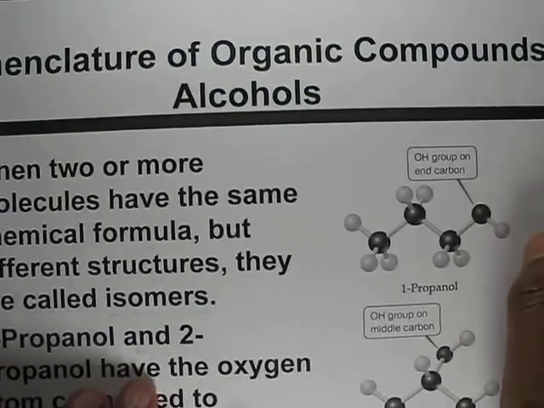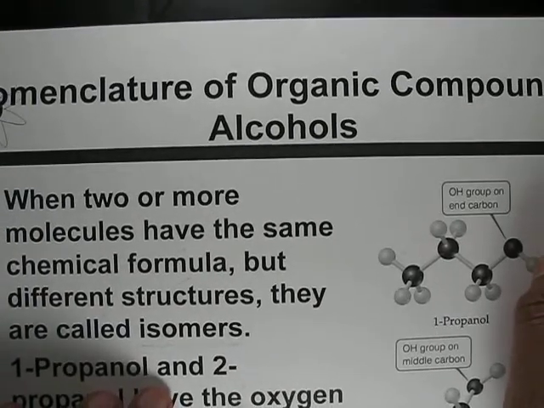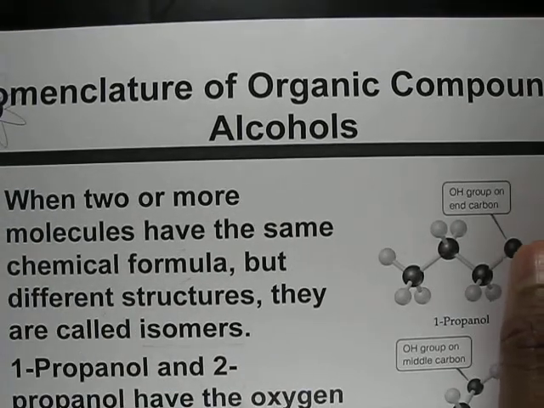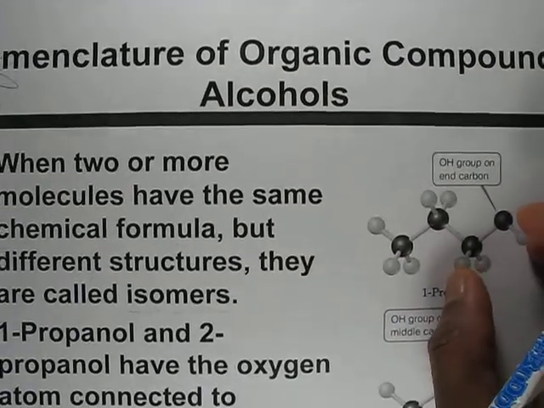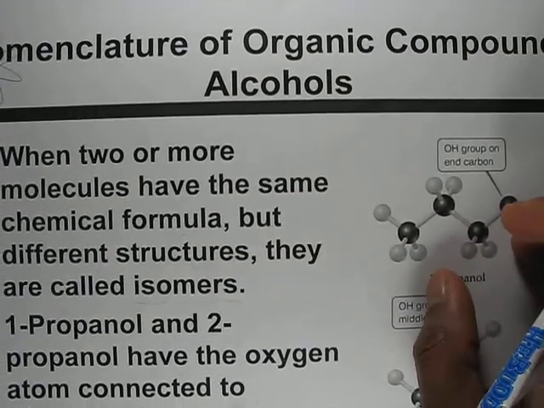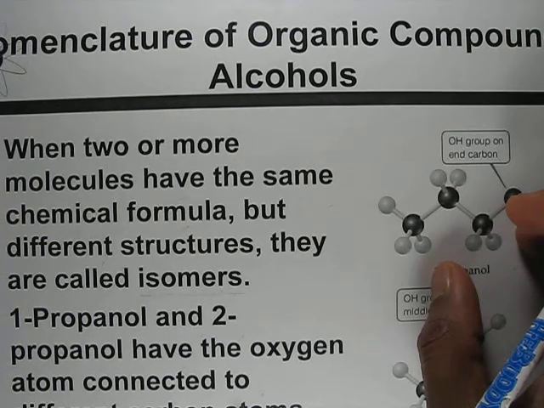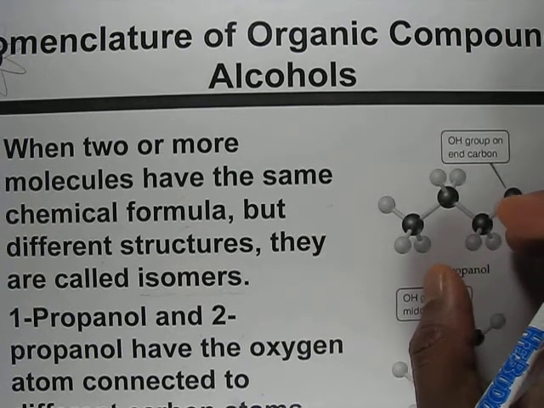So this was all about the naming of organic and inorganic compounds. This was the last slide for chapter number 2, and we will study more in the 3rd chapter.